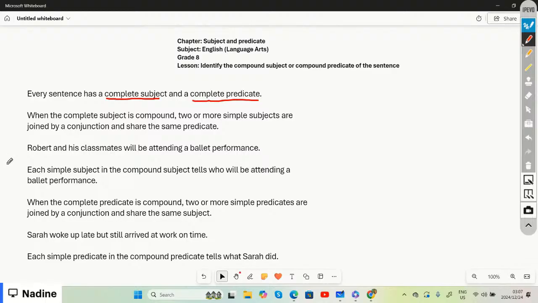If we were to look at our lesson example of a complete subject that is compound, right?